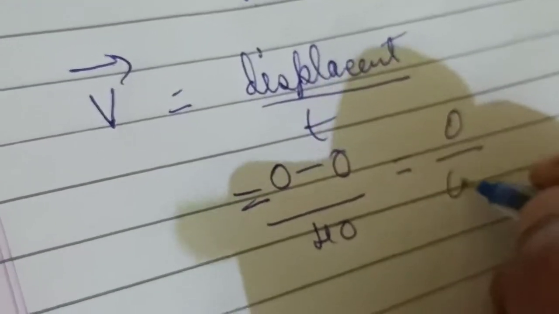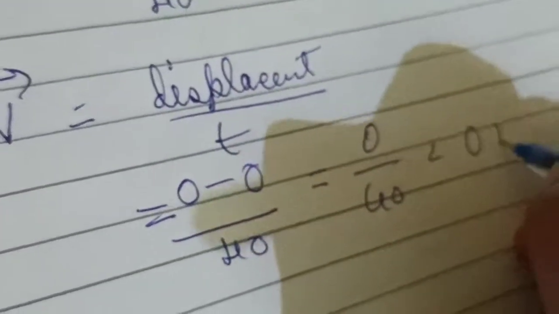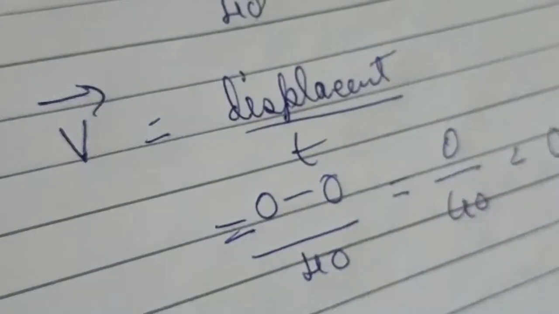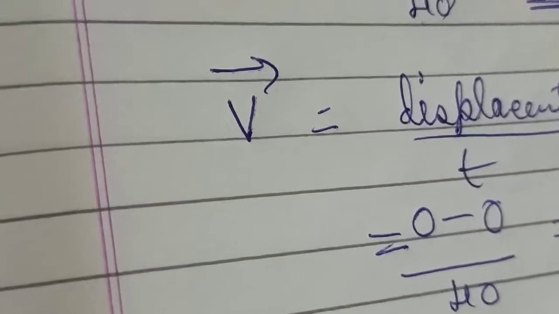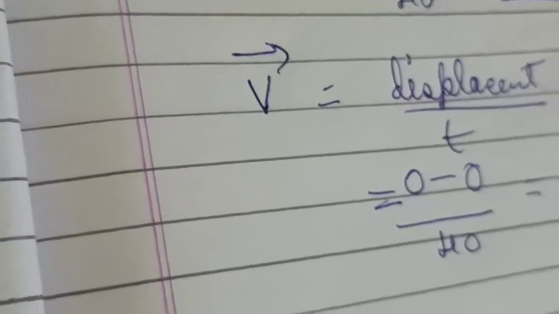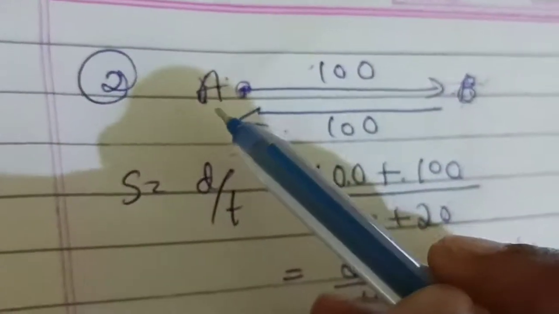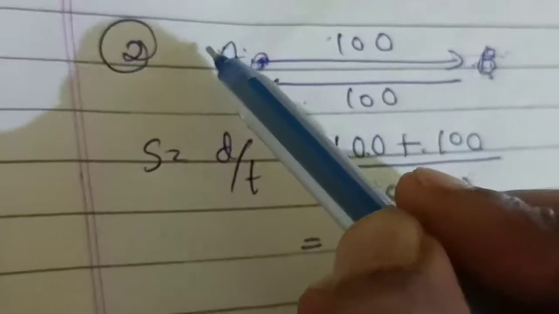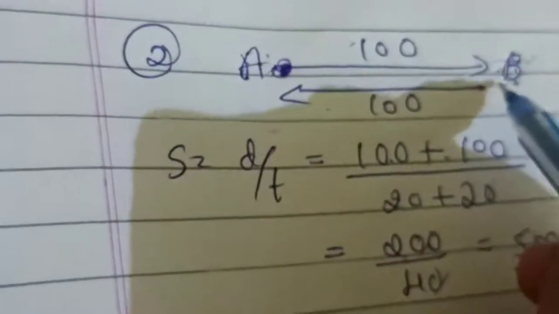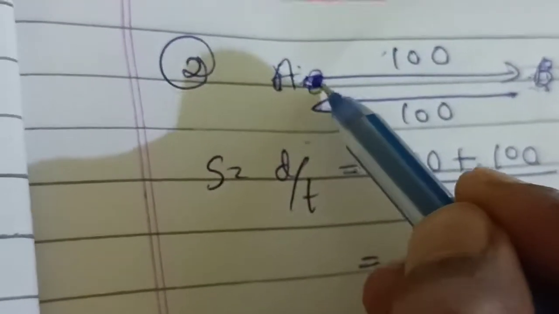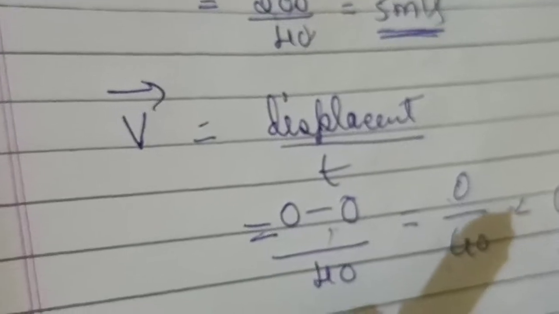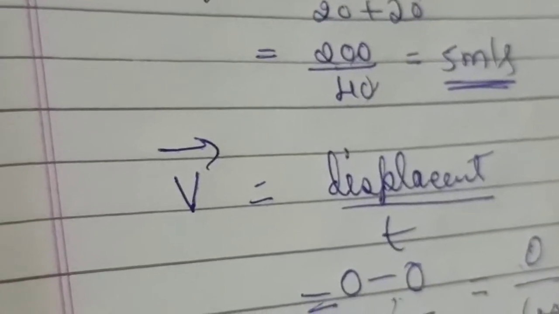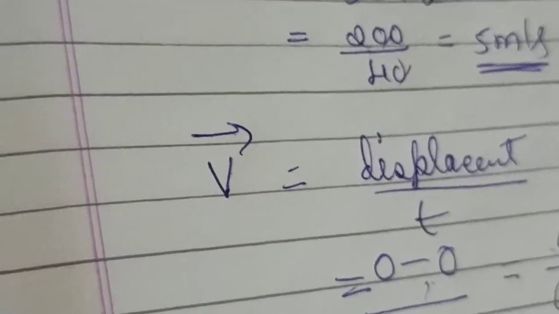So 0 by 40, what is the velocity? 0 meter per second. So speed and velocity are not always equal in magnitude. Remember, A to B he has gone, so the initial position will be 0. From B again he comes back, so the final position is 0. So 0 minus 0, you have got 0, and the velocity is 0 meter per second. So remember, the speed and velocity are not always equal in magnitude.